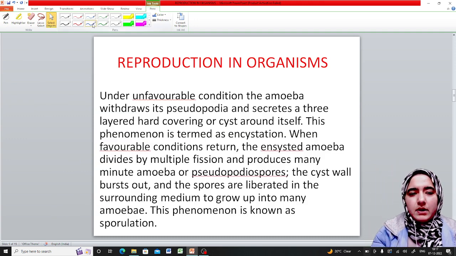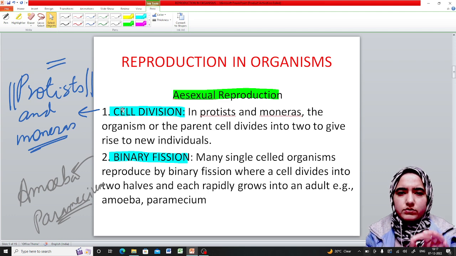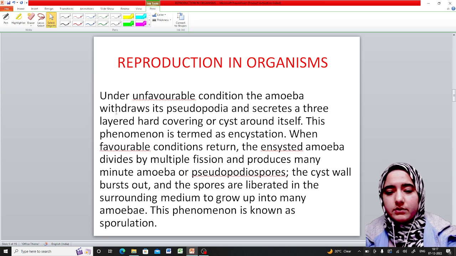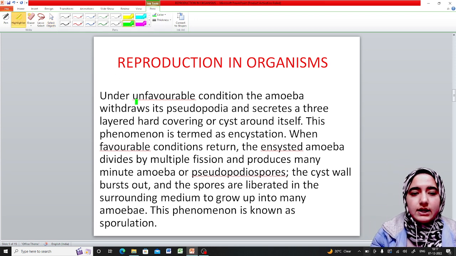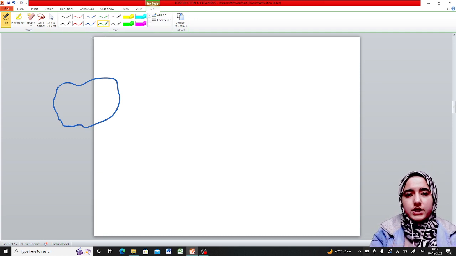Now please remember, binary fission in amoeba and paramecium takes place under favorable conditions, but we have one exception, that is in amoeba. In amoeba, under unfavorable conditions, what does amoeba do? Say for example, favorable conditions are not present.